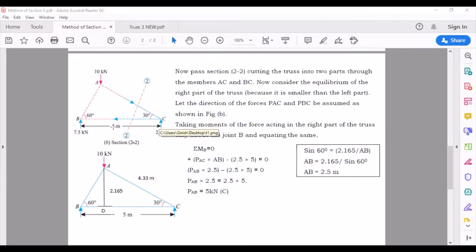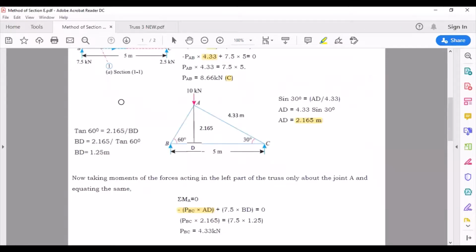BC. Now have a close look at this triangle. In this triangle, only this arrow, that is the AC direction, is assumed. So this is an assumed direction. Whereas the direction for BC is not assumed, but it is already calculated here.